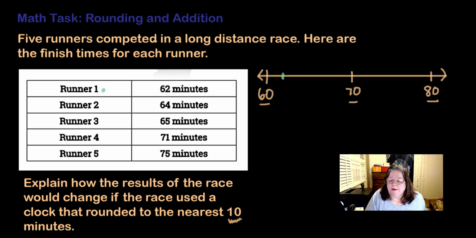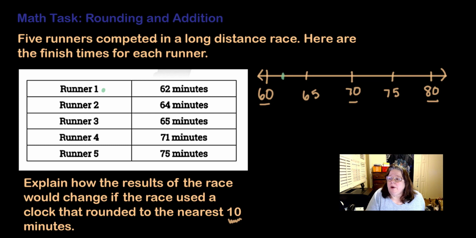Let me do that. Halfway between 60 and 70 would be 65. So 60, 65, 70, 75, 80. It's very handy to count by 5s to determine midpoints between 10s.